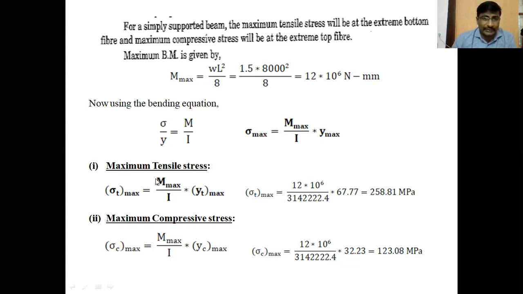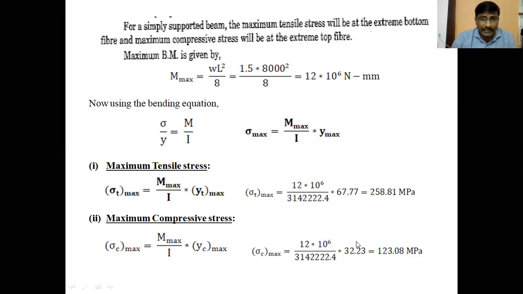The remaining two are the same as in the maximum tensile stress equation: 12 into 10 to the power of 6 by 314.2222.4, which are constant throughout the section. That's why we are placing the same values, and the only variable is yc.